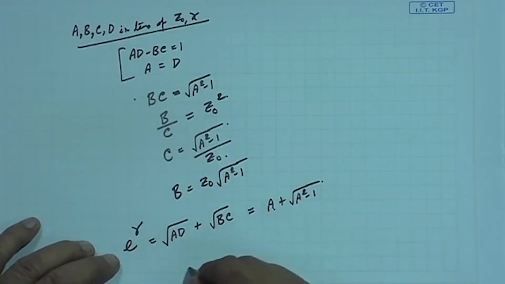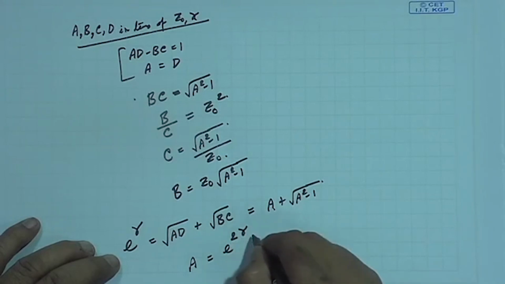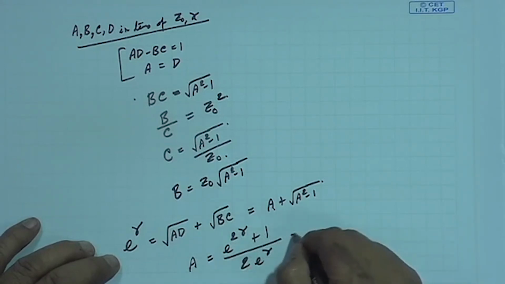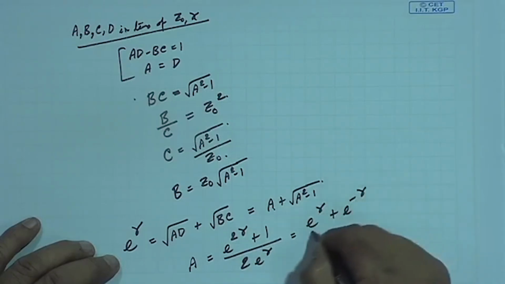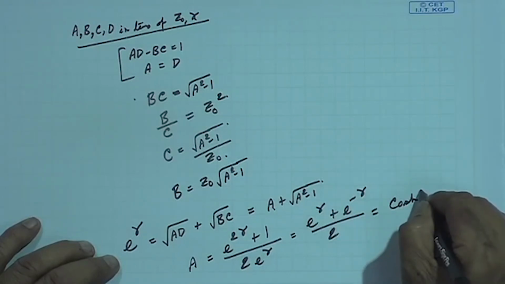By doing that, I can see that A becomes e to the power 2 gamma plus 1 by 2 e to the power gamma, that is nothing but e to the power gamma plus e to the power minus gamma by 2, which is nothing but cos hyperbolic gamma.